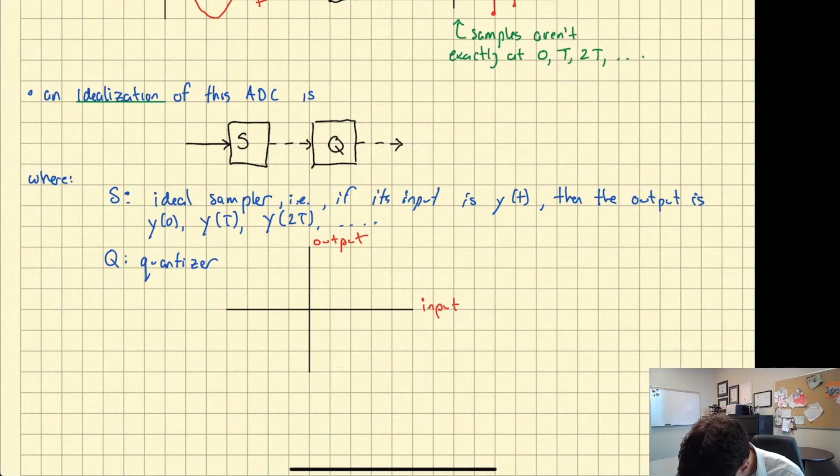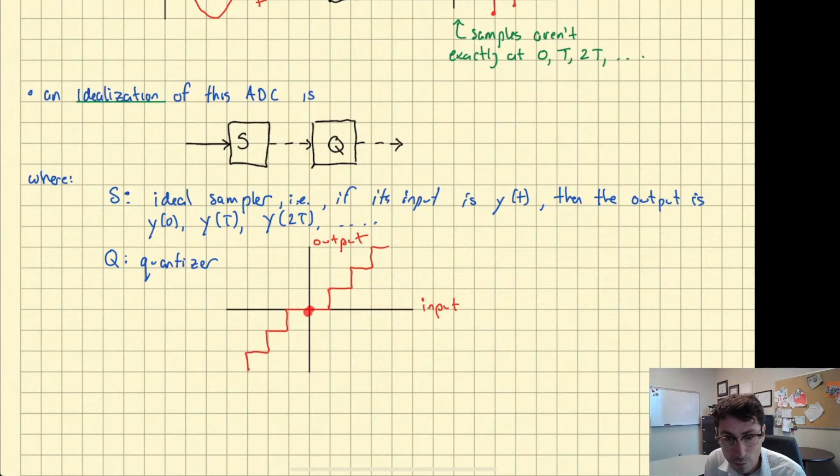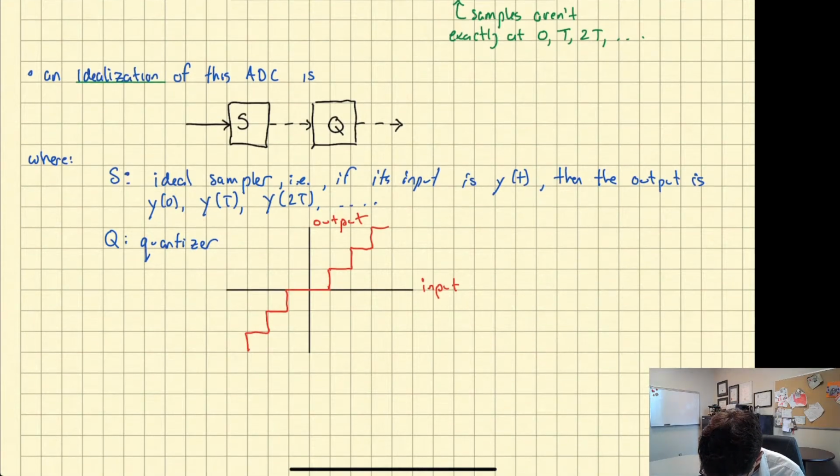So it'll look something like this. The idea being that 0 will be mapped to 0 in the quantizer, but so will things near 0, depending on the finite precision. Okay? And then you'll get this discrete jump when you get to the next least significant bit, and so on. So the quantizer is a nonlinear system.